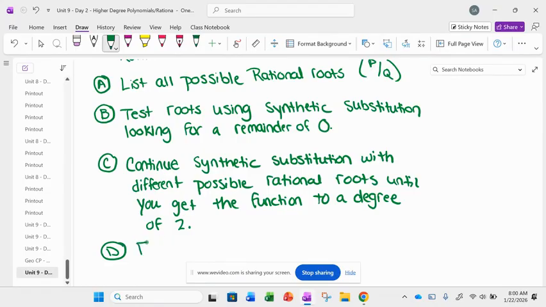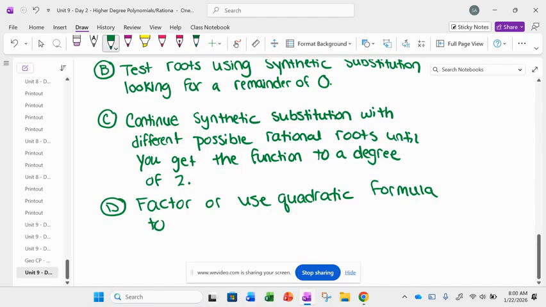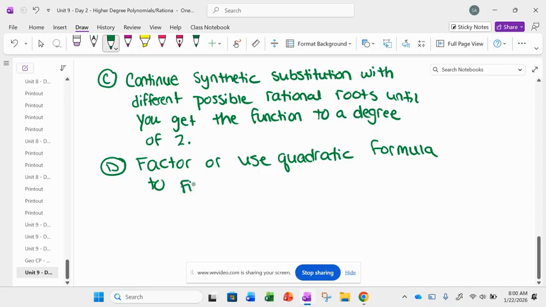Then the last step will be to factor or use the quadratic formula to find the remaining roots.